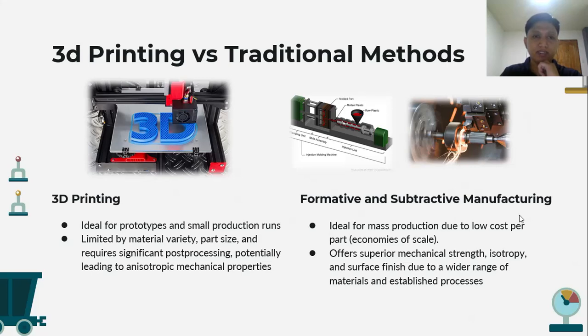In some areas they are not uniform, such that it can easily break due to shearing force, and that is a disadvantage of 3D printing. However, formative and subtractive manufacturing offer superior mechanical strength, isotropy, and surface finish due to a wider range of materials and established processes.